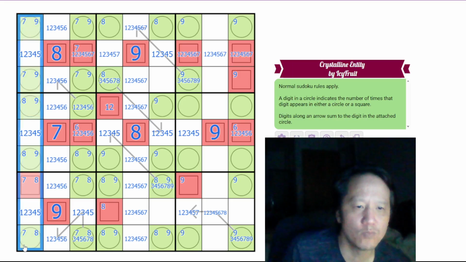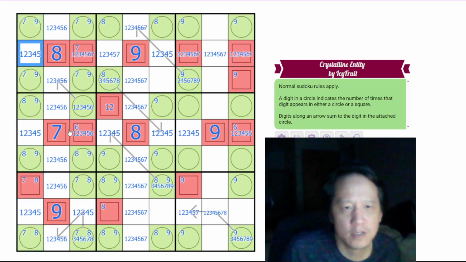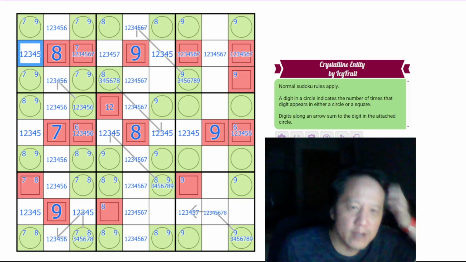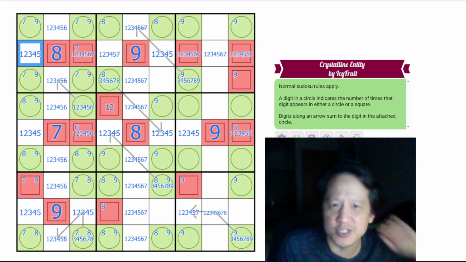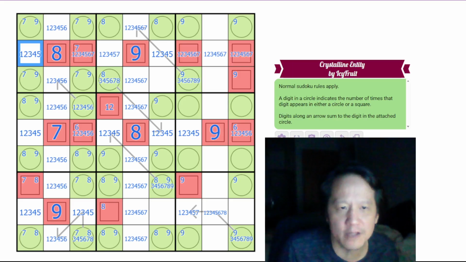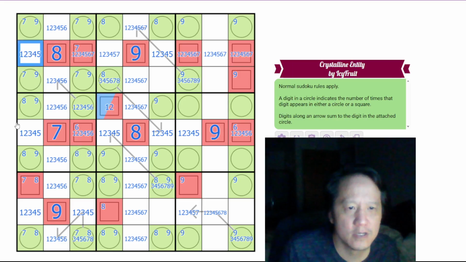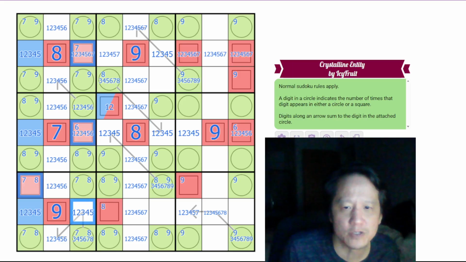In column 1, okay, let's mark. I think it's 1, 3. If we look at 1, 3, 4, 6, 7, and 9, where can it be? Okay, so we know it's here, obviously. So then here, here, and here in column 1.